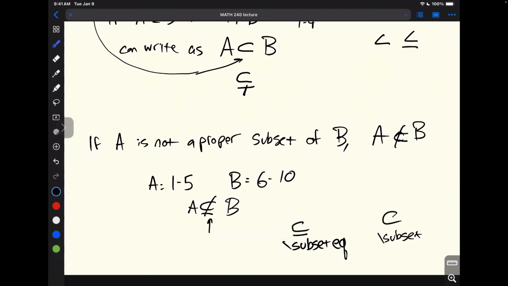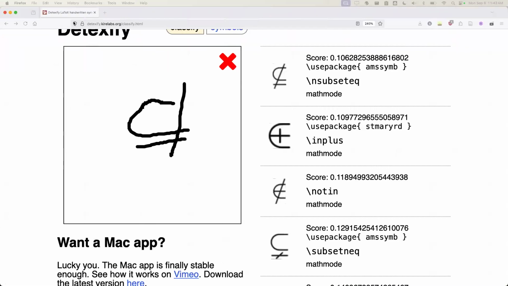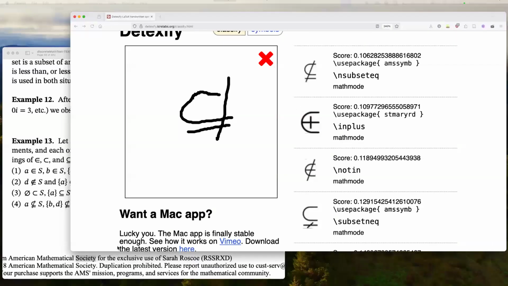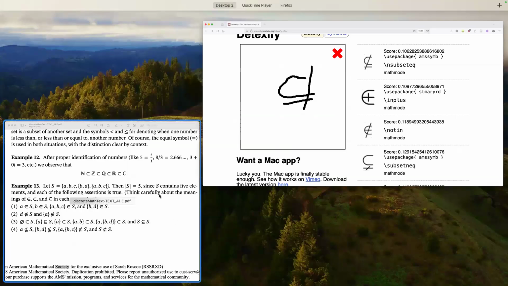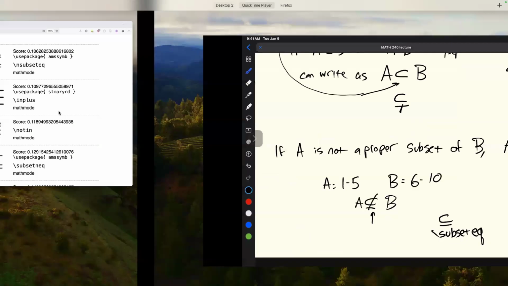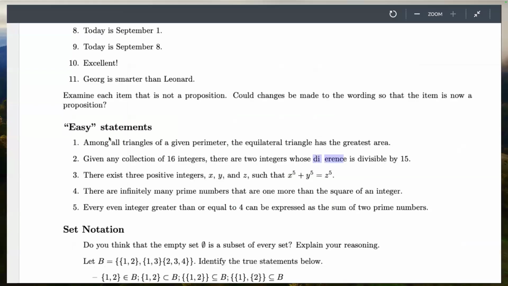Okay, now I think I've properly gotten to the end of my notes. So we've got some time. Let's go back to Canvas. Where did Canvas go? There it is.